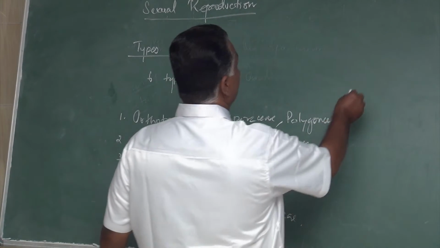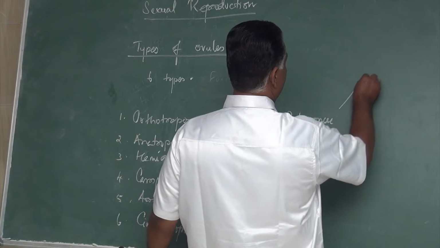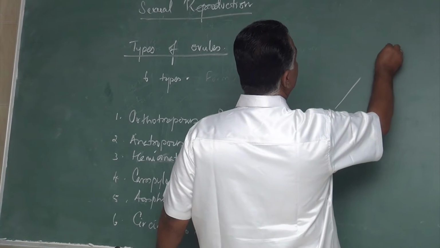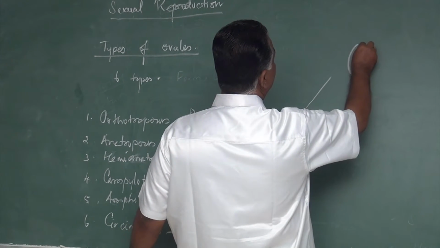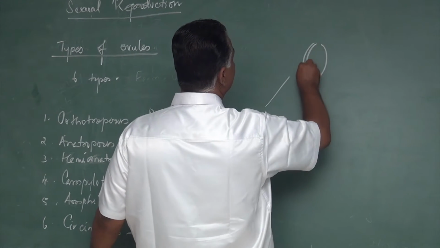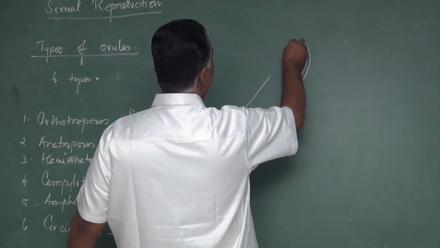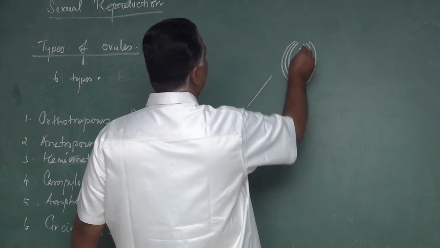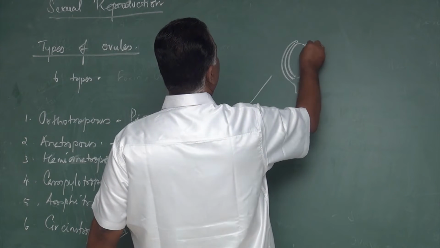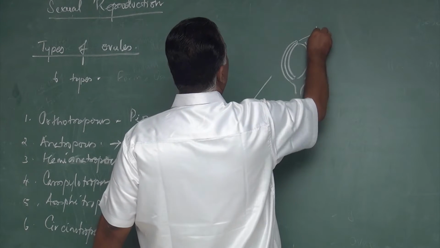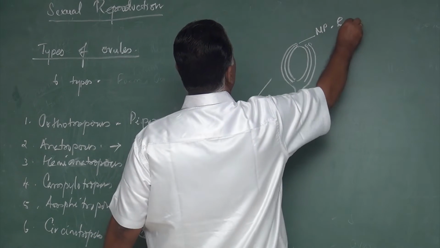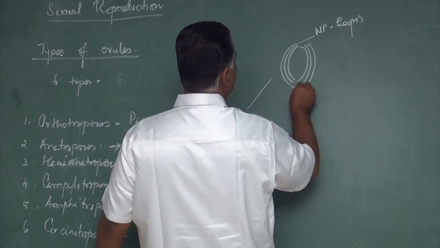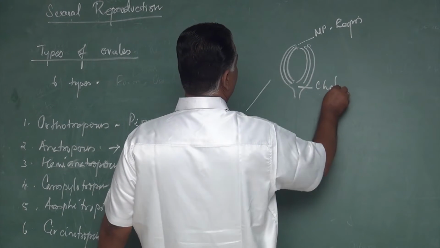See, the orthotropous ovule, the first one, in which we have the nucellus, the integument, and the micropylar region, and this is the chalazal region.